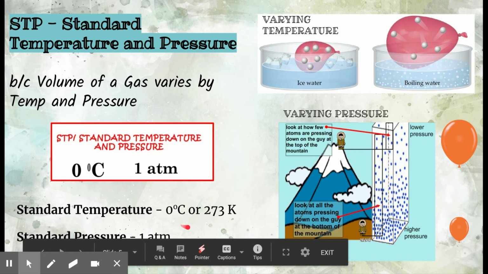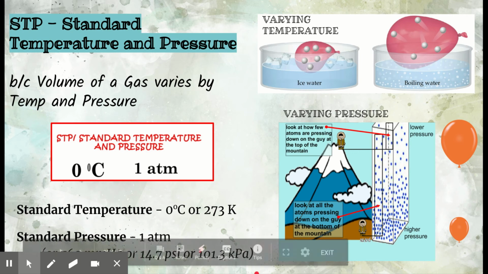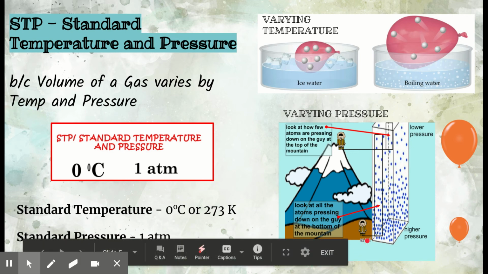Okay, so 0 degrees Celsius is the same as 273 Kelvin. That's in different units, Kelvin versus Celsius for temperature. And then our standard pressure is 1 atmosphere, which is generally defined as about the pressure at sea level on Earth.